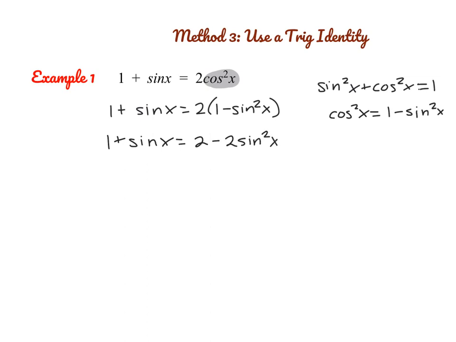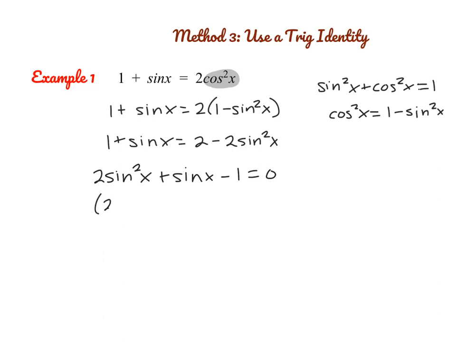So this looks like it could be a quadratic type equation. So I'm going to set it equal to 0, and then we're going to see if we can factor, one of the methods we learned in the last lesson. So I'm going to add negative 2 sine of x to the other side. And here, this is something that we can factor.